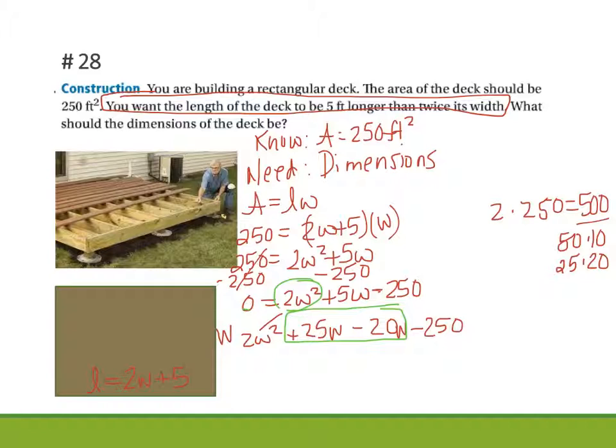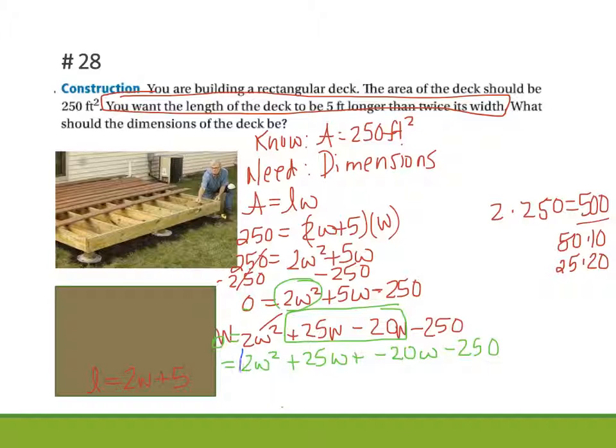Now, remember, I still have this equation set equal to 0 because I'm still working with an equation. But what I'm trying to do now is factor it. So I'm going to say 2W squared plus 25W plus a negative 20W, because I need a plus sign between my two groups, minus 250.